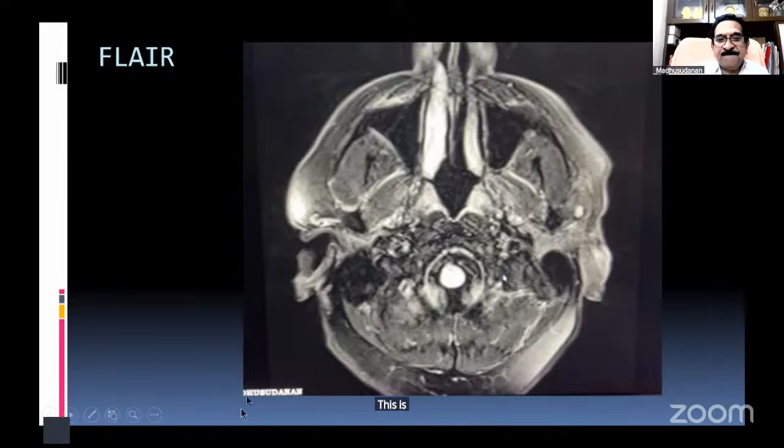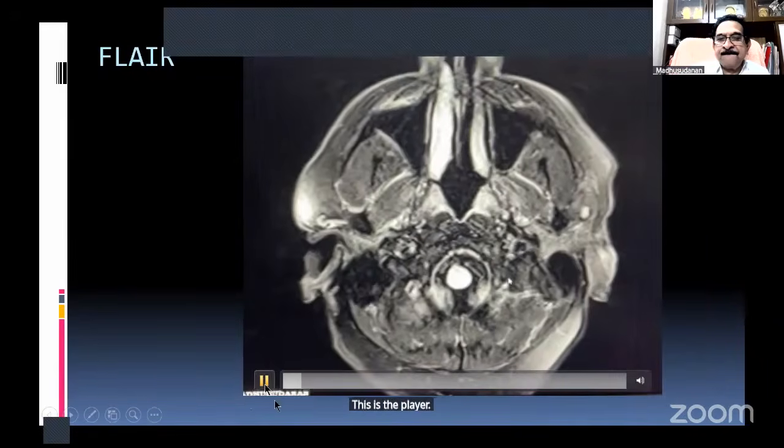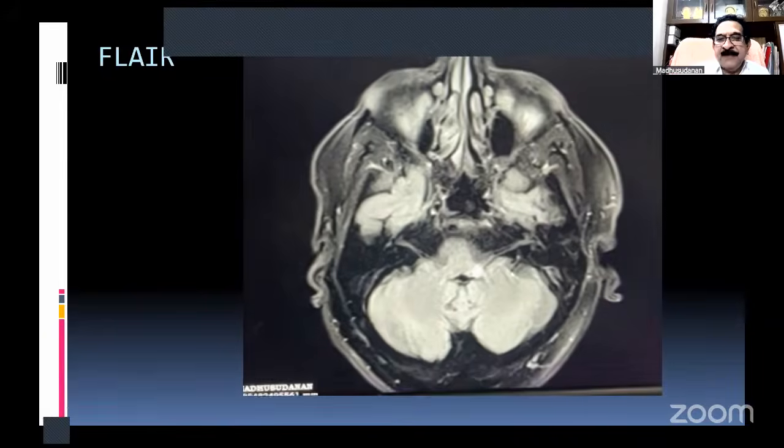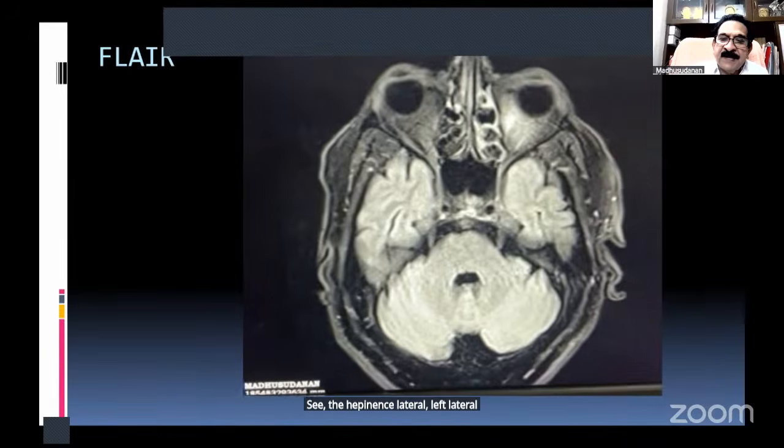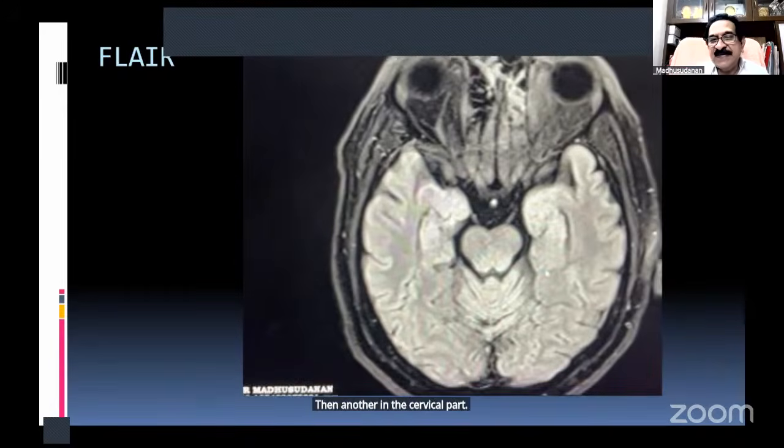This is the FLAIR. See the hyperintense lateral medulla, the left lateral medulla, and another lesion in the cervical cord. Two discrete lesions.